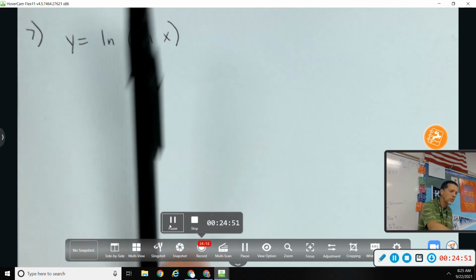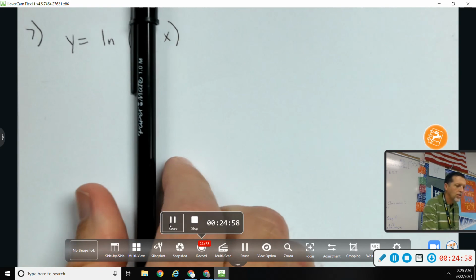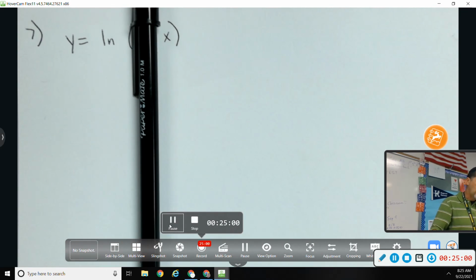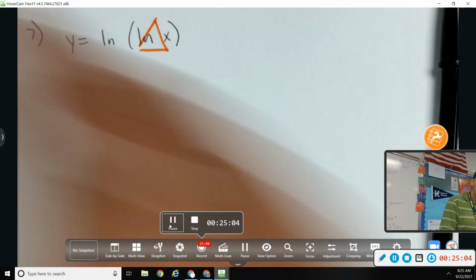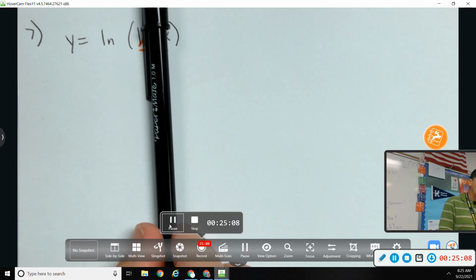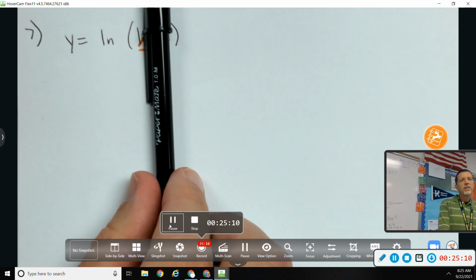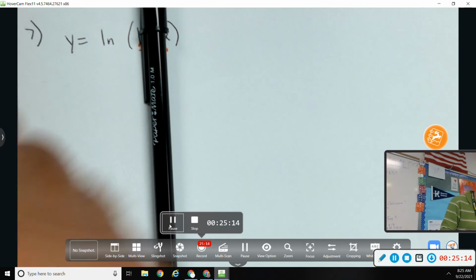It just so happens that it has two layers that are the same. So the outside layer, in fact I may need to use my orange triangle here, is taking the natural log of an orange triangle. So forget about what's in the orange triangle for now. The outside layer is natural log.